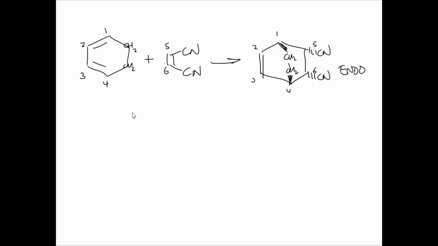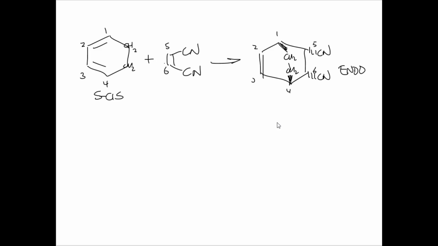Okay. Now, cyclic dienes react very quickly because they are in their s-cis conformation. That is, being in a ring forces the double bonds to be in s-cis, which makes these reactions go very fast.